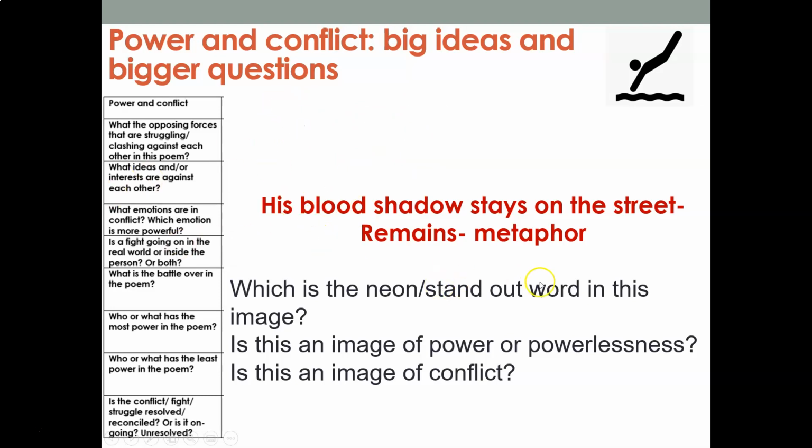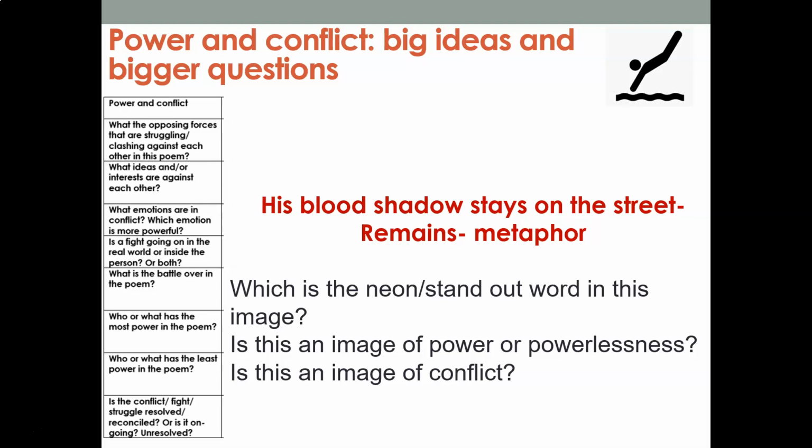So which is the neon standout word in this image? Now, we've already said that it's a metaphor, blood shadow, because it's the words the writer is using to stand for the dead looter, the man that our soldier killed. Now, guys, this is why it's diveable, because we have to think about big ideas and bigger questions.